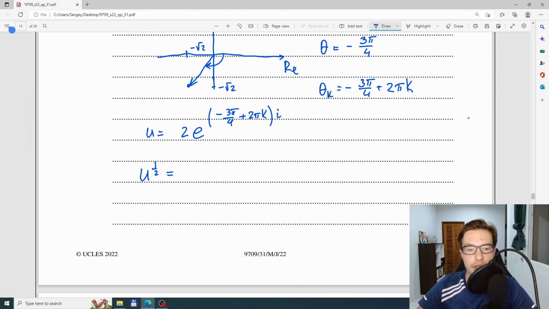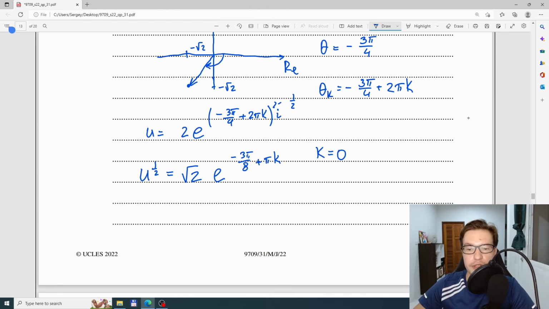So that gives us a square root of 2 e, and then I will have to multiply the bracket by 1 over 2. So I will get e to the power of minus 3 pi over 8 plus pi k, i.